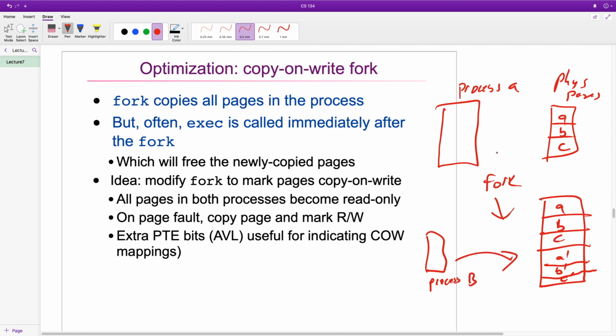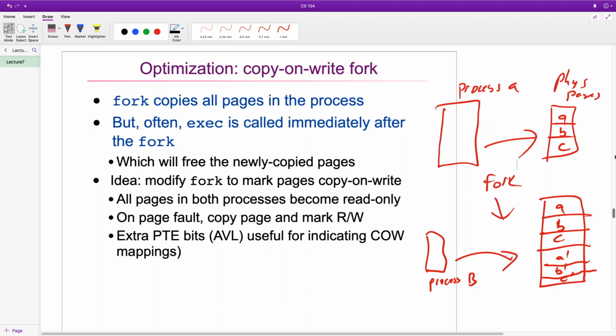If I'd thought more, I wouldn't use the same letters for these. But basically, the page directory is pointing at A prime, B prime, and C prime, right? And that's not necessarily bad. If you want to do a fork and have two processes running along and they are manipulating their own memory, it's okay to have them be separate.